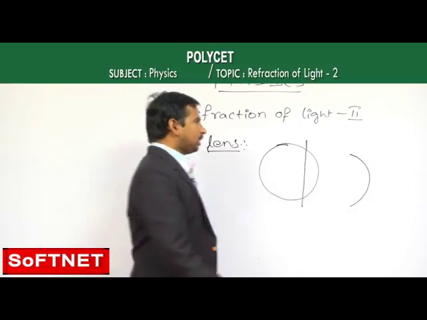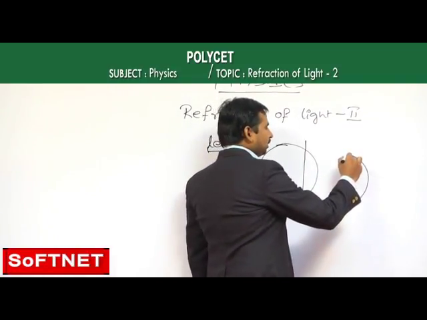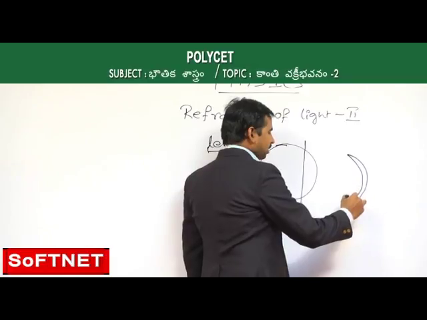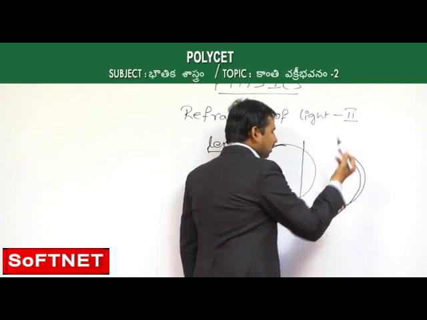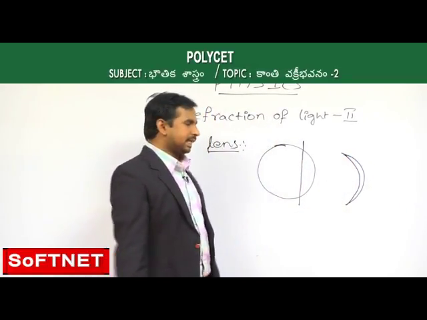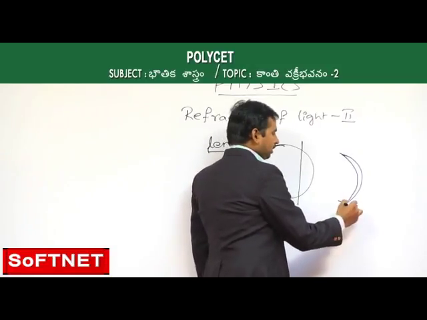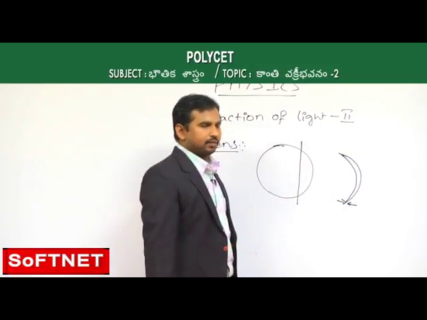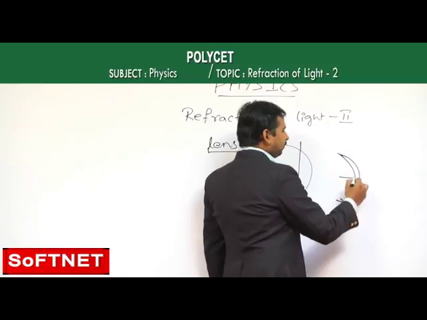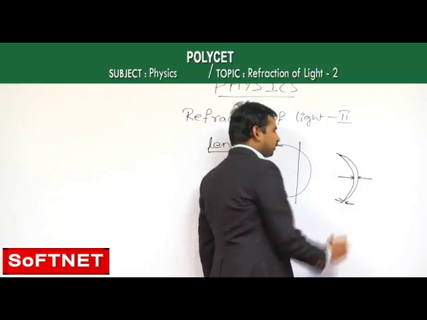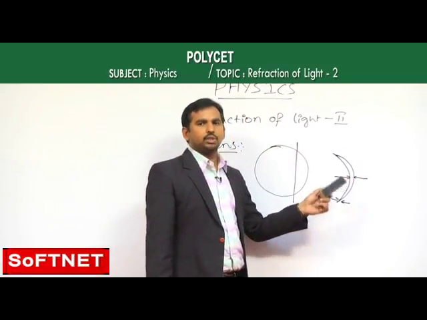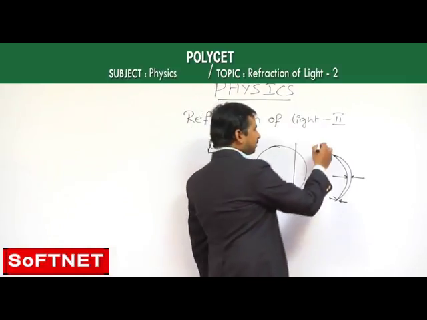When you are taking the lens, if the edges have less thickness, whereas in the middle there is more thickness, this type of lens we call a convex lens.